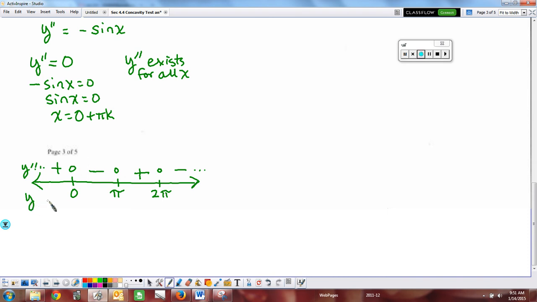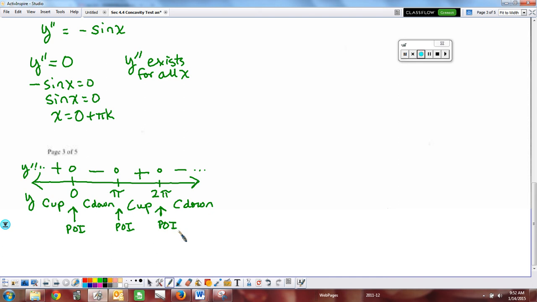Y is going to be concave up, concave down, concave up, and concave down. So my points of inflection, places where the graph existed and had a tangent line, but where my concavity switched, these are now going to be my locations of my points of inflection.